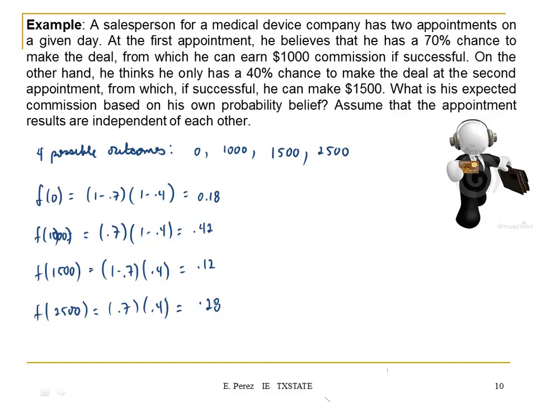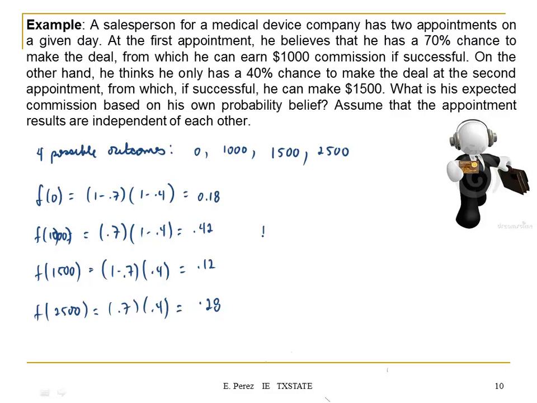Okay, so that's what I was trying to explain to you. So you're going to get the distribution. Those are the probabilities for each outcome. You know the outcome for each probability.